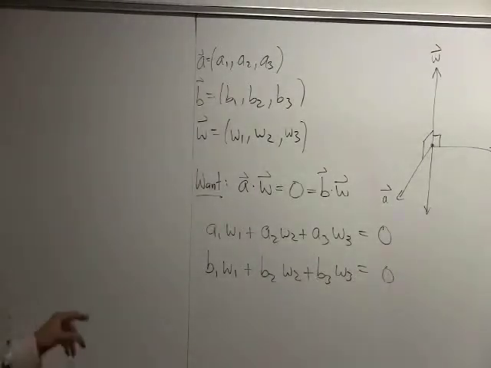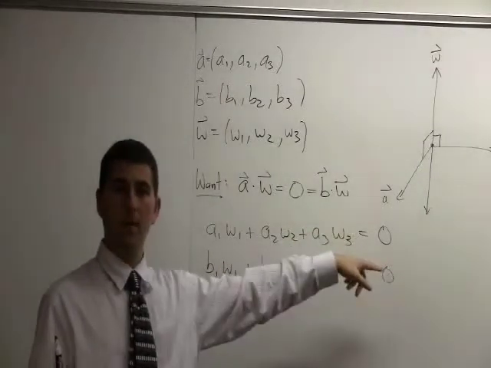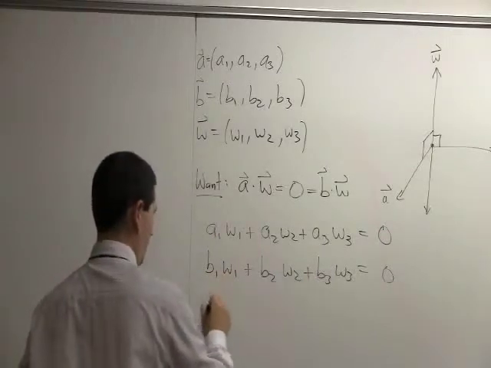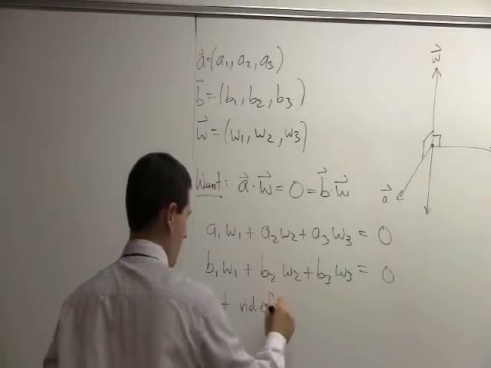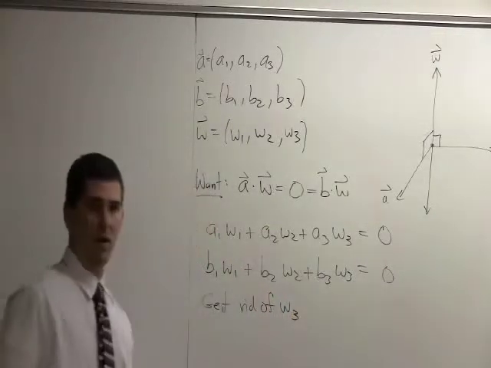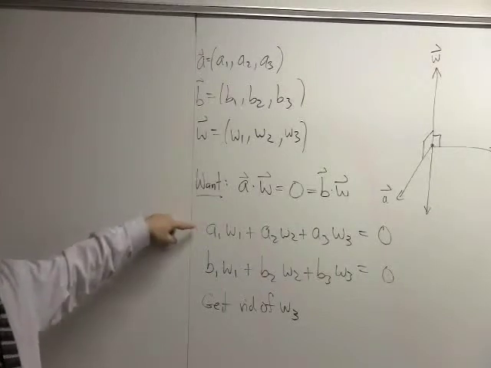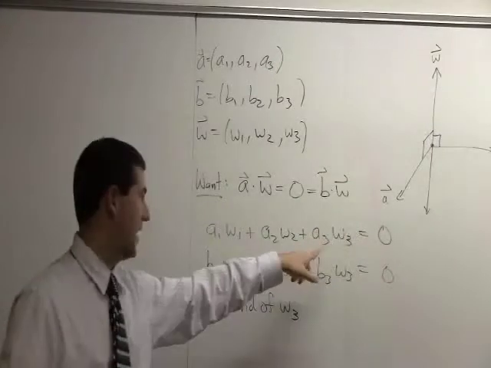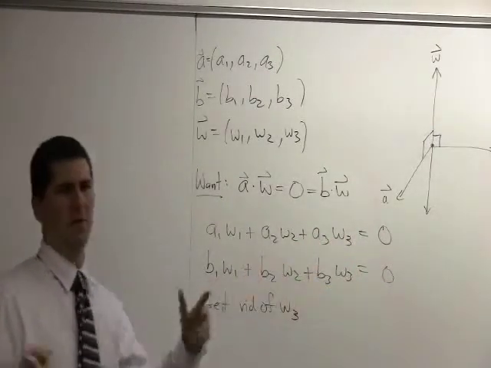All right, so the way I want to do this is I want to try to get rid of W3. So how am I going to do that? Well, I'm going to multiply this top equation, the whole thing, by B3, so that this last term will become A3 B3 W3. Now, why would I do that?